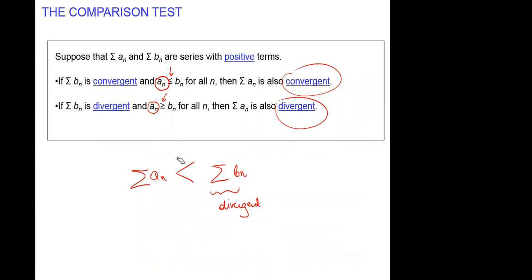We can't use comparison if the inequality is not cooperating, okay? The same way for convergence.